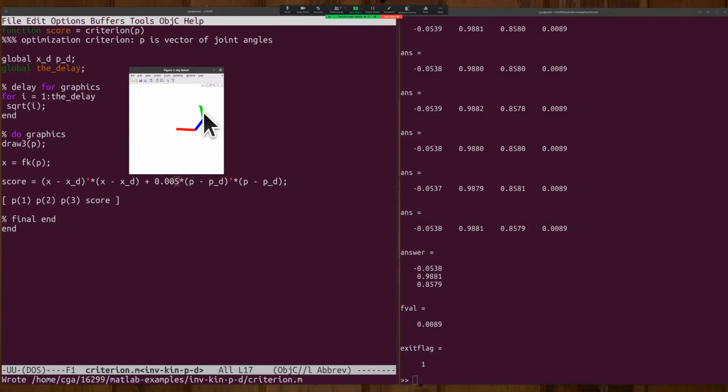So the idea is if we start in different places, we might get different answers. And if we start either on a grid or randomly selecting things, we might discover the local optima.